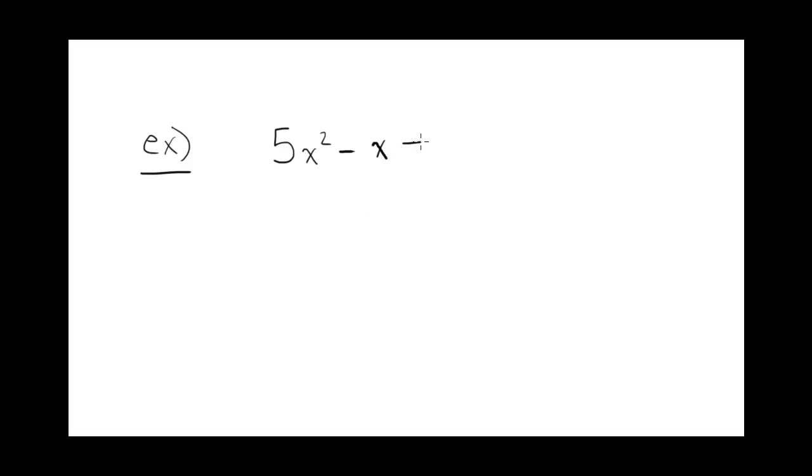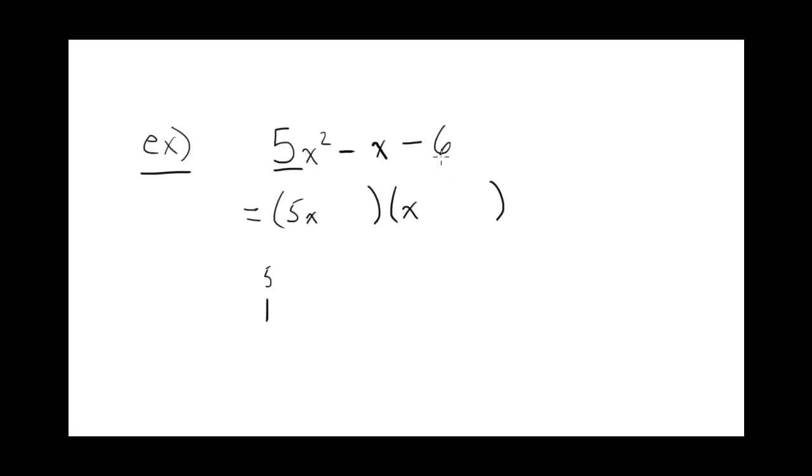Minus 6. So again, two brackets. Two binomials. And then our first term needs to multiply to 5. Well, what multiplies to 5? Again, we're lucky, just 5 and 1. So we'll go 5x and 1x, which is just x.